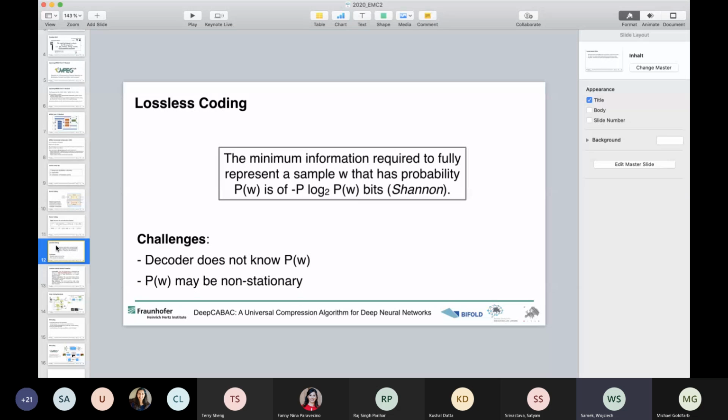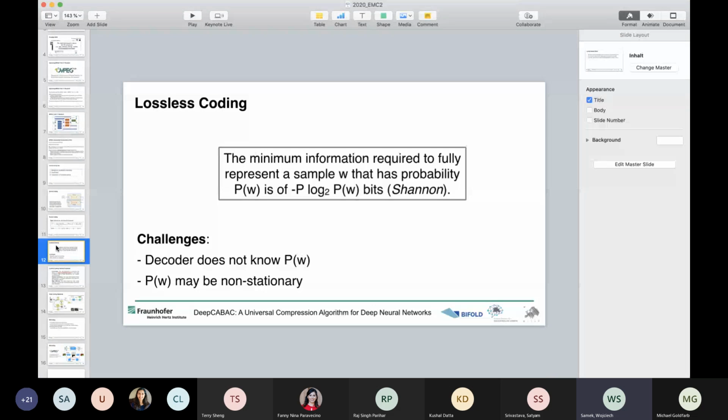And from Shannon, we know that the minimum information required to fully represent a sample with probability P of W is of the order of minus log 2 P of W bits.